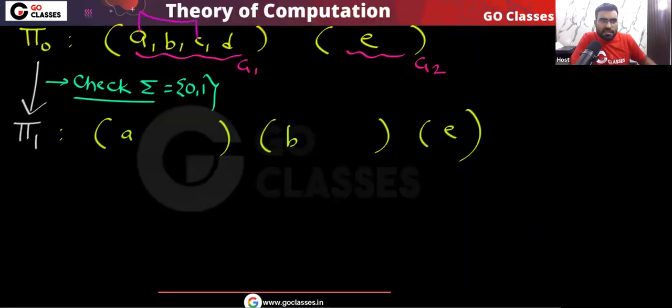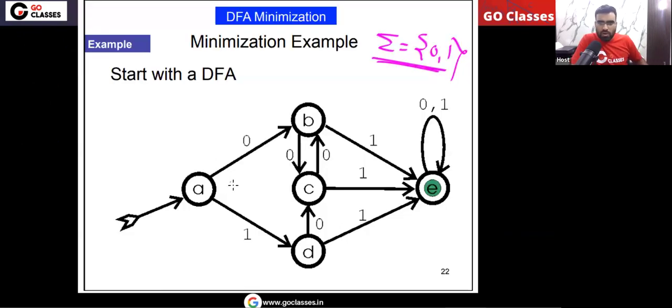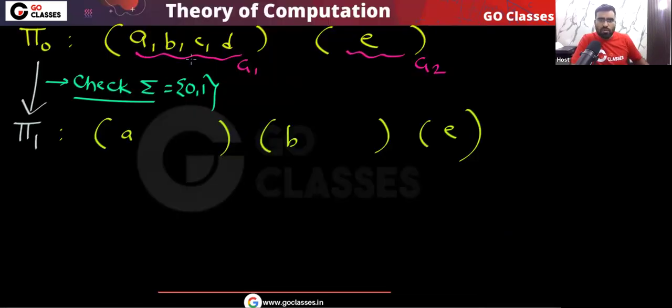On 1, where are they going? On 1, A is going to group 1 and C is going to group 2. So C will be separated from A. Remember, definitely C will not be here. C will be separated from A.